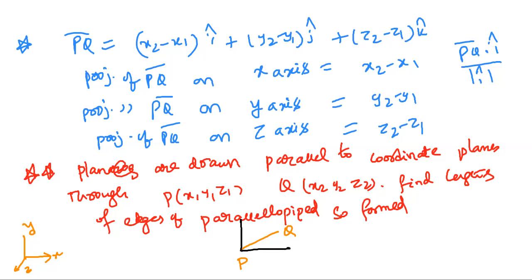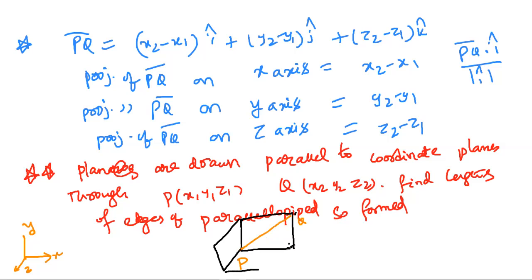Draw one plane parallel to this through P, and let me call this my Q, the opposite edge. This is my Q, for example. Let me draw one more axis like this.